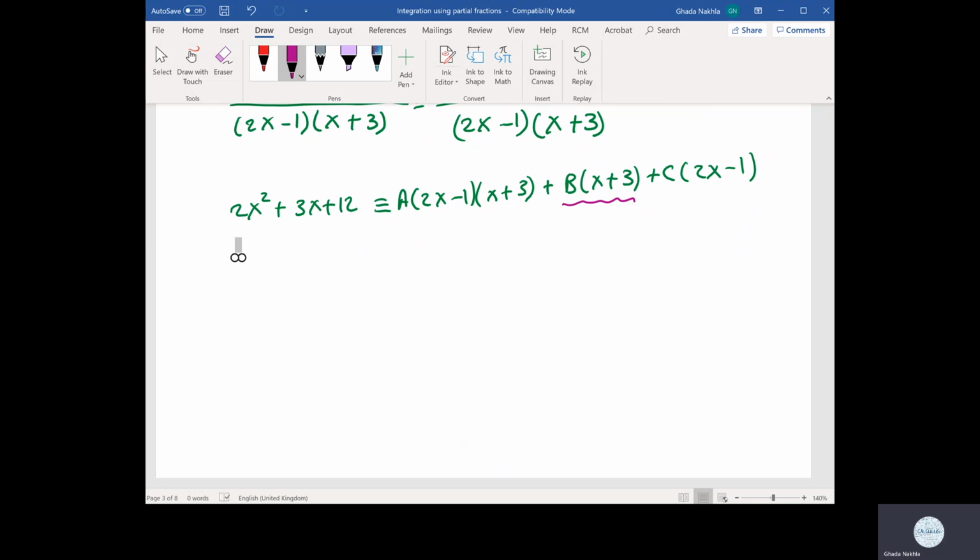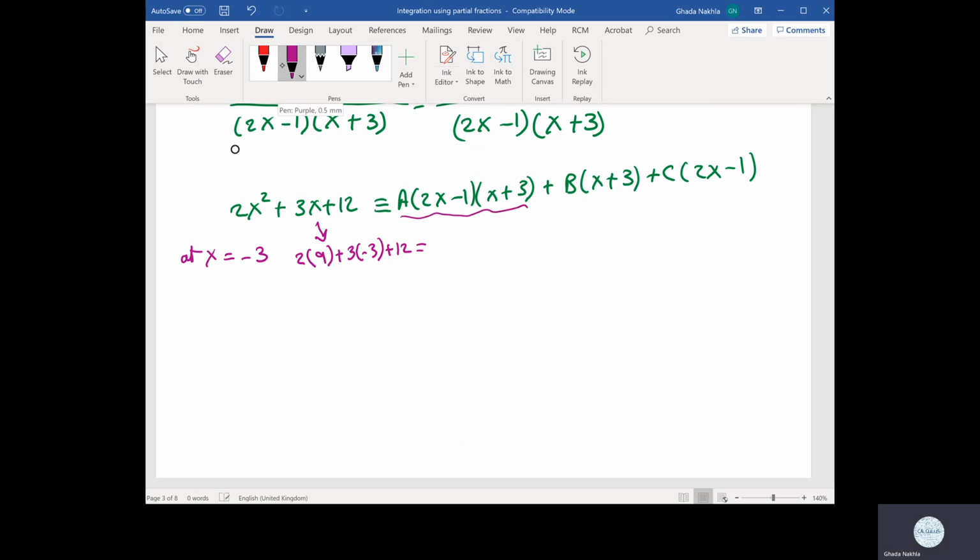If x is minus 3, this bracket will be 0. So let's try it here. Let's substitute x equals minus 3. So 2 times minus 3 squared, which is 9, plus 3 times minus 3 plus 12 equals.